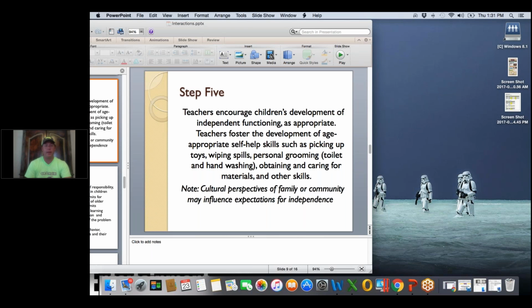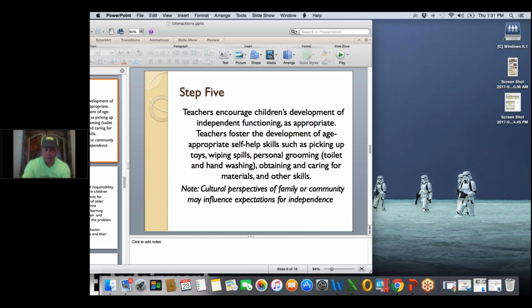Now, I did add a note down here to keep in mind that cultural perspectives of family or community may influence expectations for independence. If you do live in an area or you have a classroom that's full of diversity, and you've got children from other nationalities, you may see that some cultures in particular, you're going to struggle teaching self-help skills with some children more than others because it is in their culture.